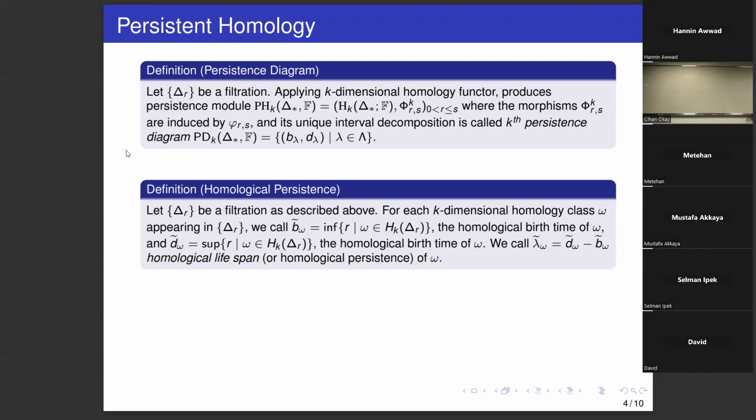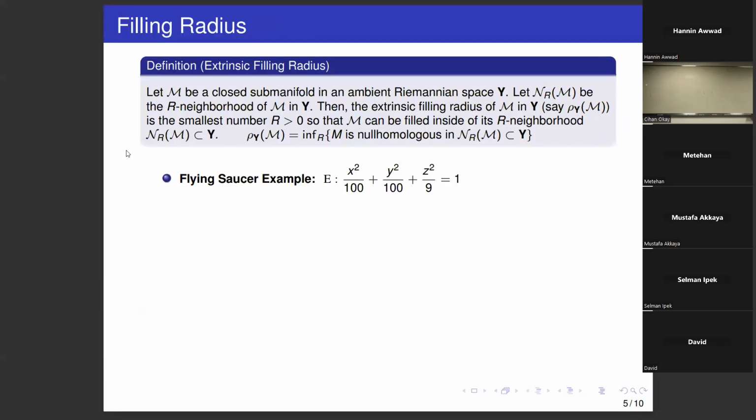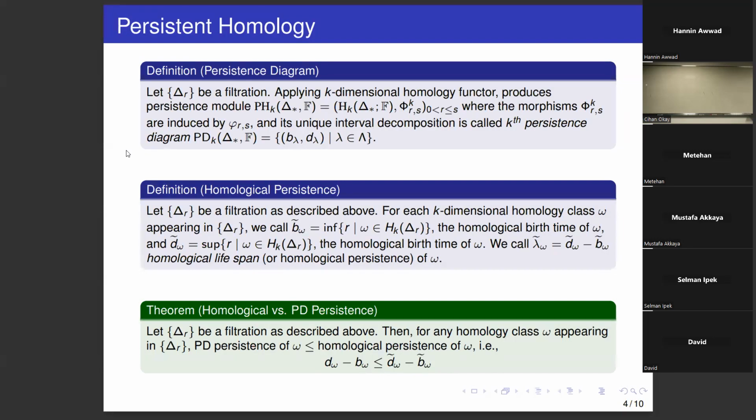In this filtration, the first time my topological feature appears is going to be my birth time. And the last time it appears in my filtration, before it becomes trivial, is going to be my death time. This is the definition I'm going to use. They don't match. There is a technical problem here, but we won't use that.